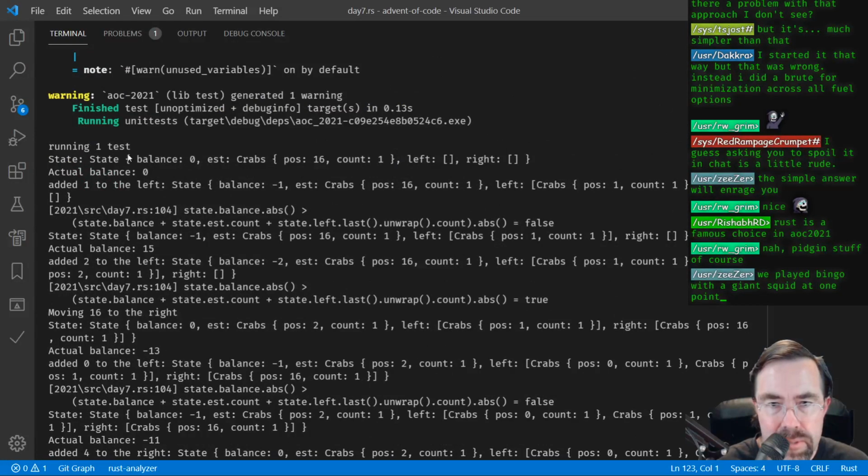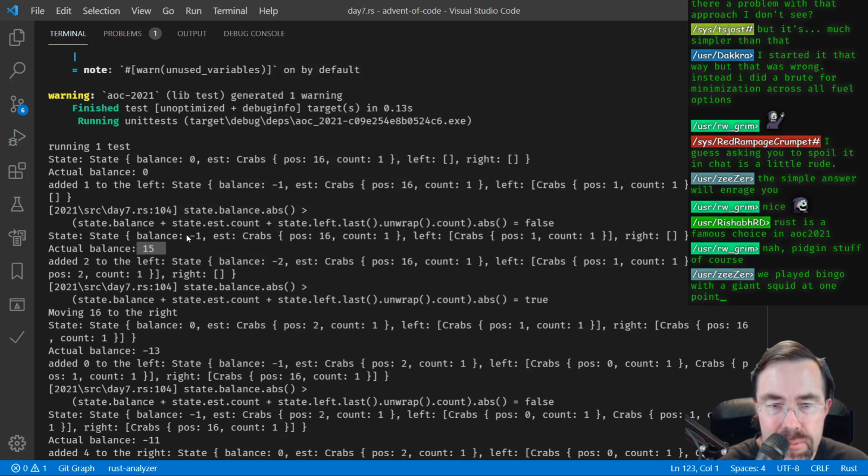So we start off with it perfectly balanced with one crab at 16, and the actual balance matches my estimate, which is good. Then we add a crab at position 1, which is to the left. So our balance is -1, and our actual balance is 15. Okay, that's the problem.